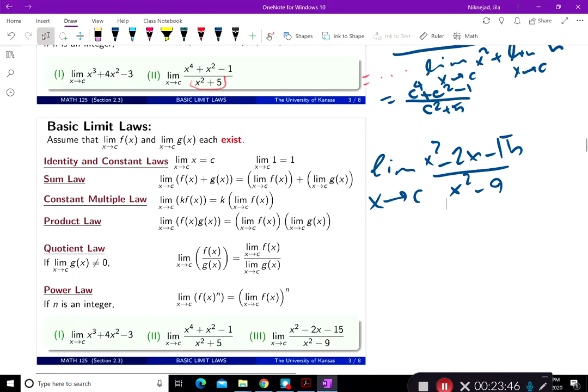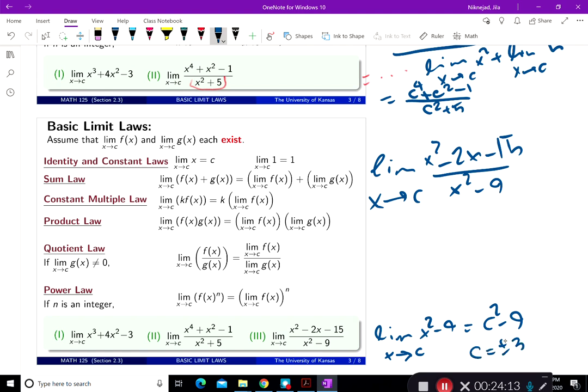So here I'm going to test the denominator first to see if it's ever 0. The limit of the denominator is going to be c squared minus 9. This one is not always non-zero. For c equal to plus or minus 3, we cannot use the power law that we used over here to evaluate the function.